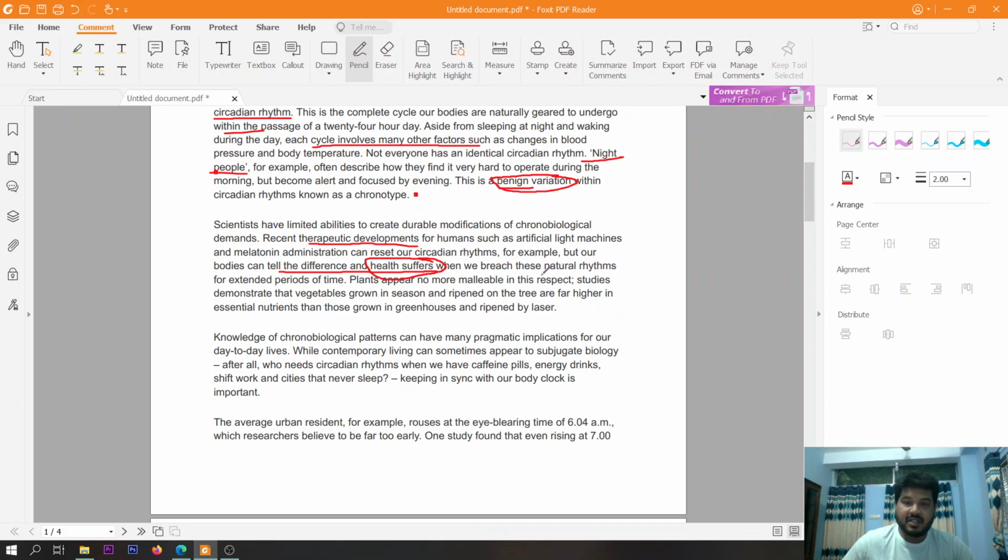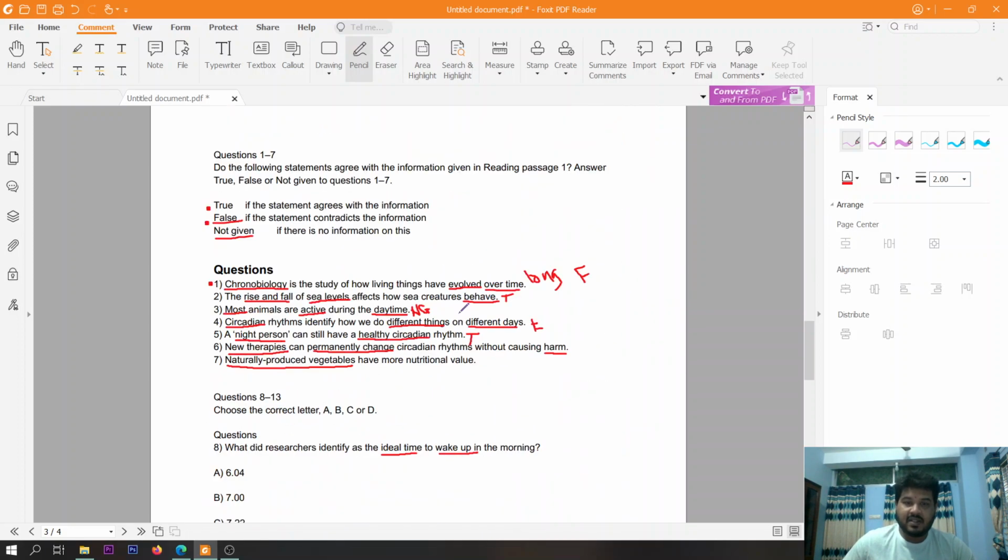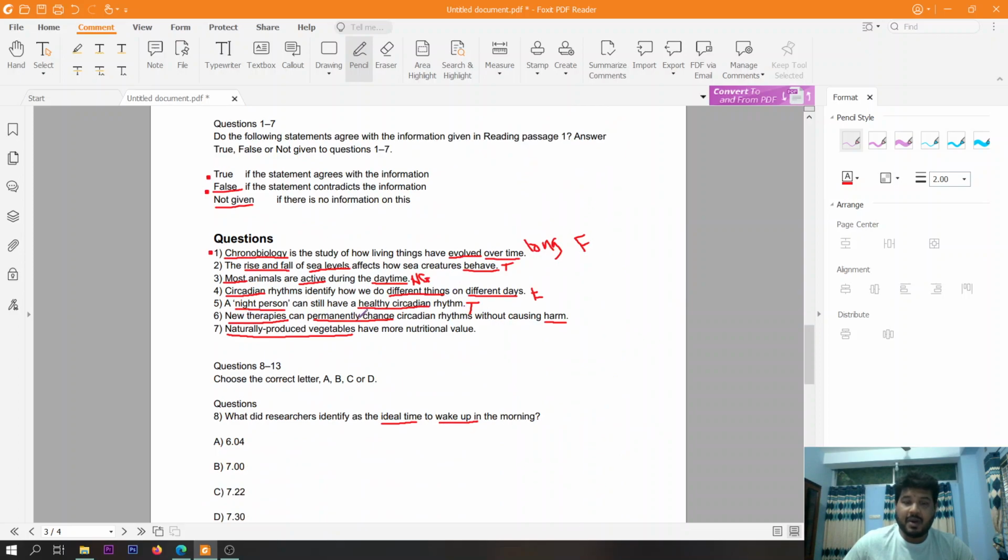And when this is done for an extended period of time, then the health suffers. The question says, permanently change circadian rhythms without causing harm. Now, yes, of course it can change, but without causing harm?